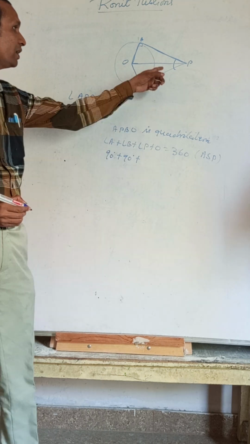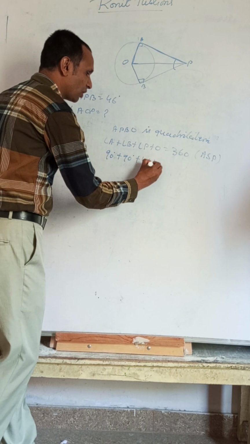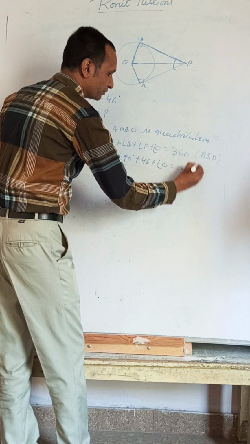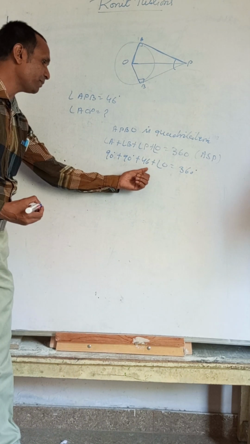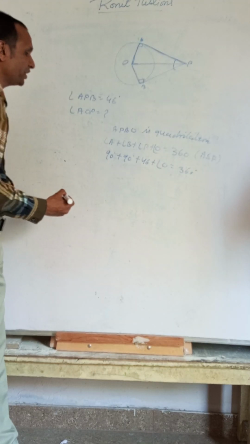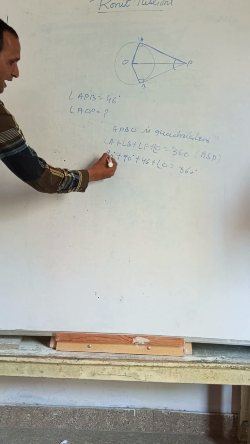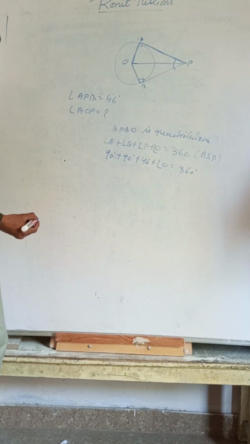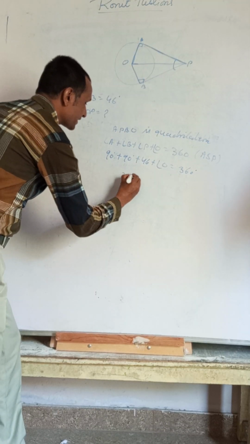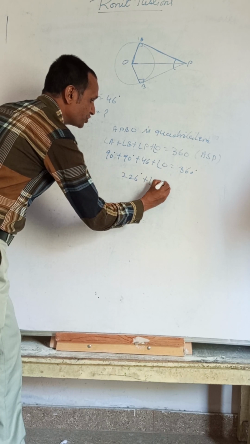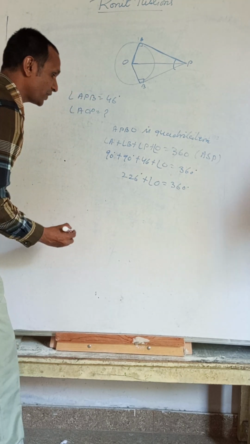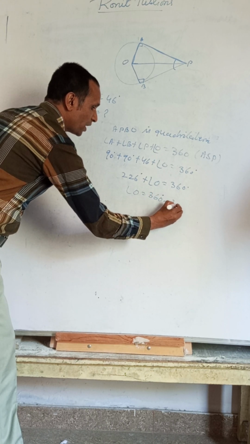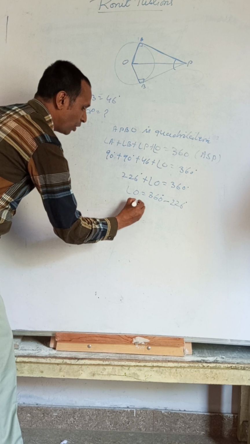Angle P is given as 46 degrees, and angle O is asked. 90 plus 90 is 180, 180 plus 46 is 226 degrees, plus angle O is equal to 360 degrees. Then angle O is equal to 360 minus 226. Then what is angle O?